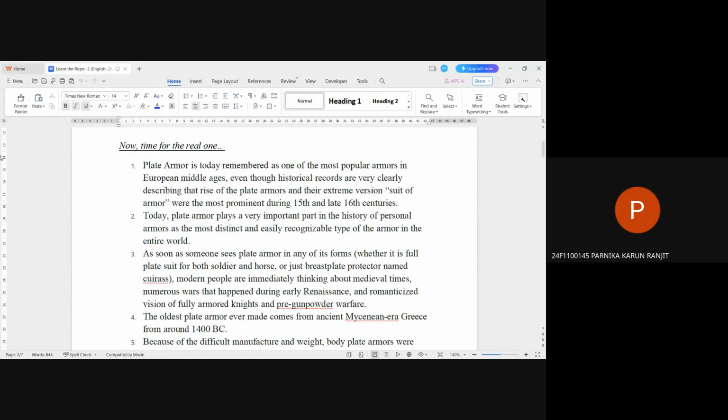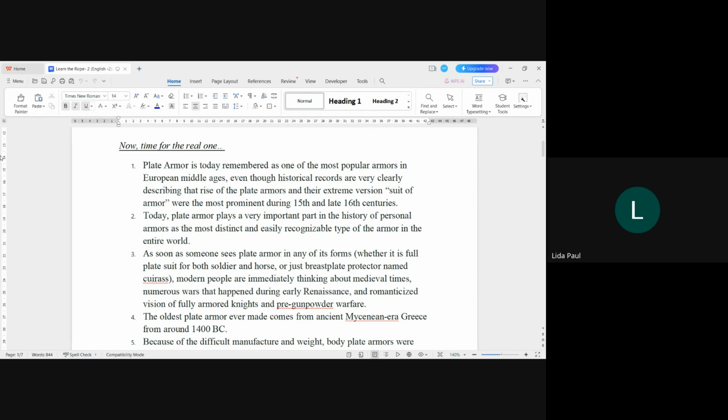Is today an adverb? What do you think it is? Right, it tells you about the time. So yes, today is an adverb of time. Then, very clearly.